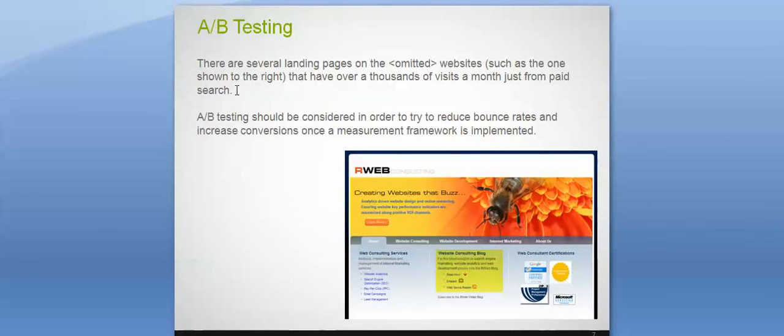So I'm just going to use my site here to describe, once you have the measurement framework in place, what PPC campaign elements you can change within AdWords. So the keyword bids, the ad groups, the structure, the match types. Maybe you want to change from broad-based to exact, max cost per click. That's one thing that you'll test.